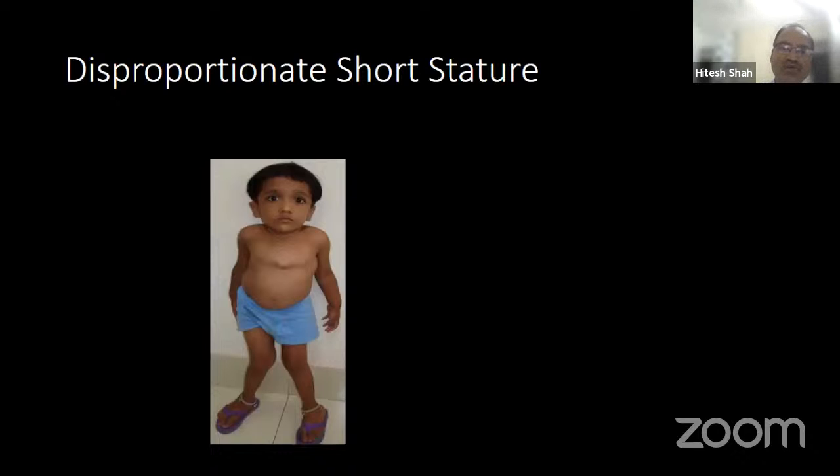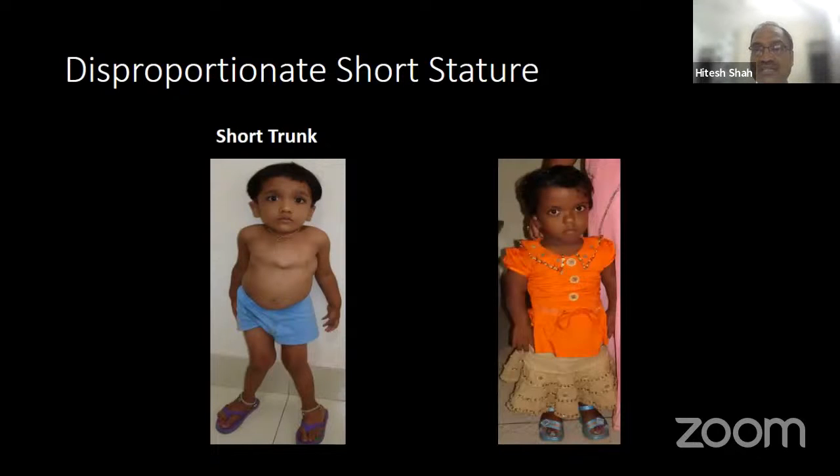So if you see a child presented like this, we can say it is presented with a short trunk. Or if the child presented like that, it will be a short limb. Then both would be present in case of skeletal dysplasia. In broad terms, it may be a short trunk or a short limb.